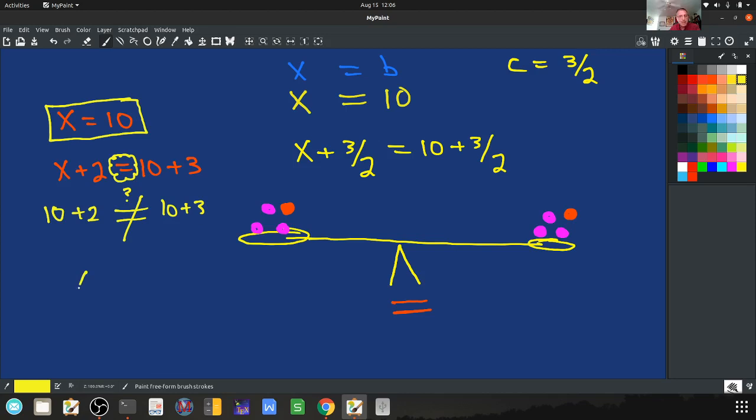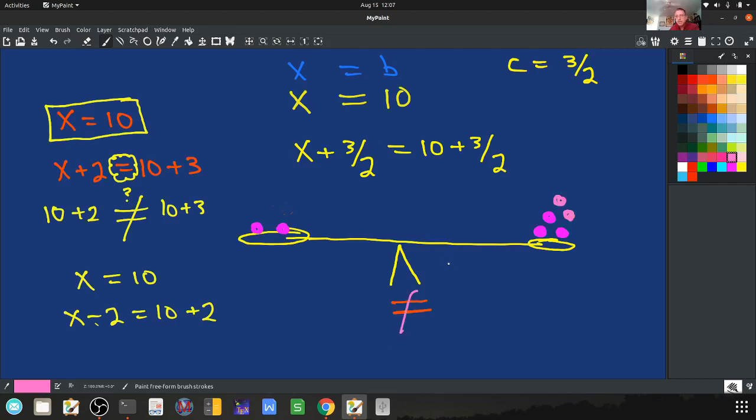Or more commonly, you'll have x is equal to 10, and then you'll go something like x minus 2 is equal to 10 plus 2. So you subtract 2 and add 2. Can't do it. In this example, it would be like subtracting one marble from this side and adding 2 marbles to this side.